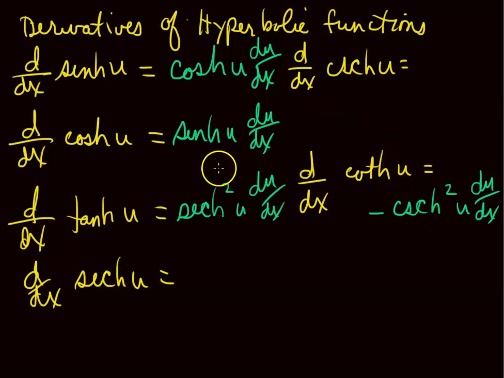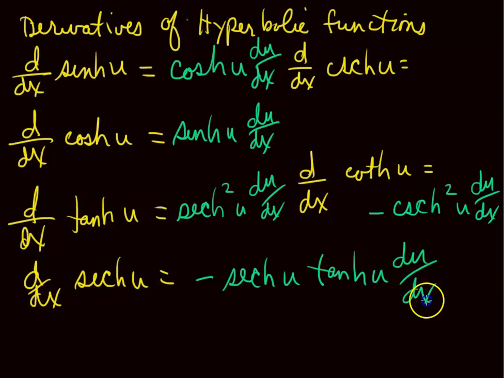You're getting something similar, but not quite the same for the sech, the derivative of sech u. We would hope it would be sech tanh, but it's a negative. Sech u tanh u du dx. So it's got a negative. And for the cosech, it is cosech coth, and it is negative. Cosech u coth u du dx.